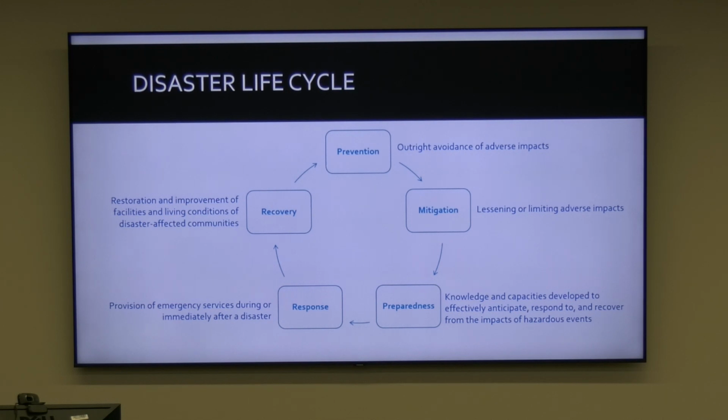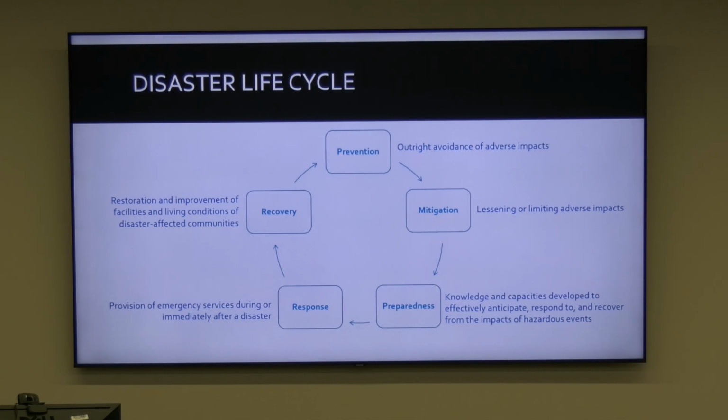After prevention, there's mitigation. The point of mitigation is to lessen or limit the adverse impacts resulting from a disaster. Then there's preparedness. Preparedness is the knowledge and capacities developed to effectively anticipate, respond to, and recover from the impacts of hazardous events.